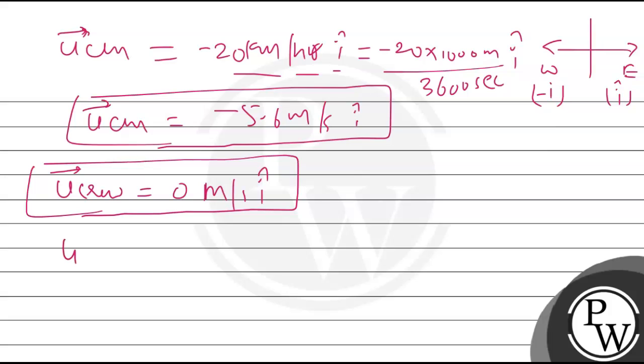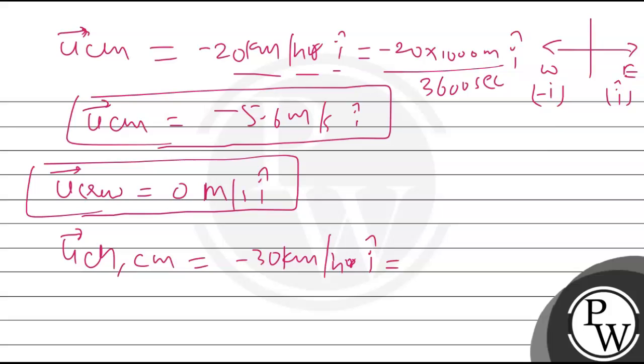Now let us write the initial velocity of the cheetah before it takes the turn. We have been given the initial velocity of the cheetah with respect to the cameraman, U CH,CM, equal to minus 30 km per hour. As it is moving in the westward direction, we write it as minus i cap.